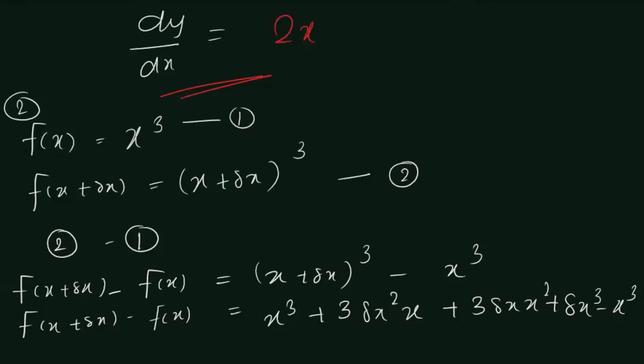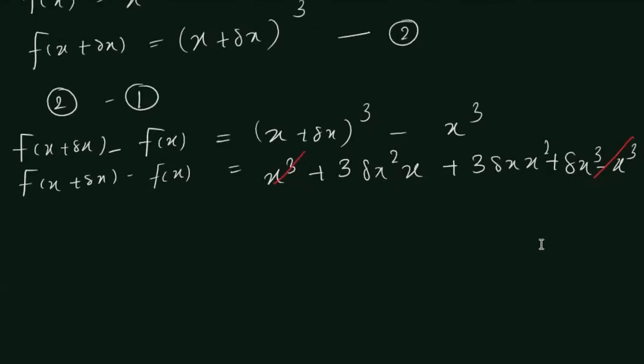So if you see these two, this cancels out. So what remains is 3Δx squared x plus 3Δx into x squared plus Δx cube.